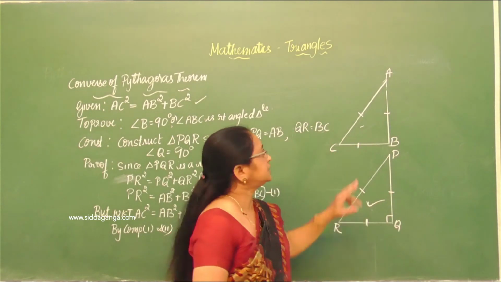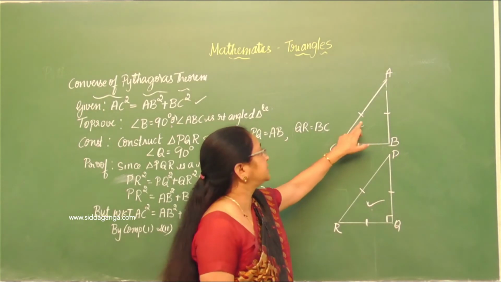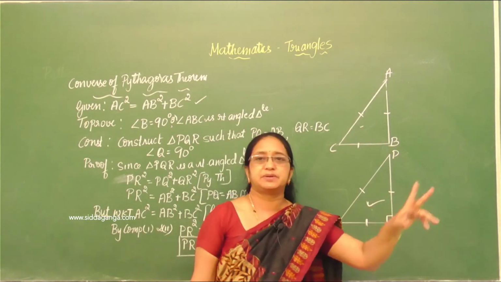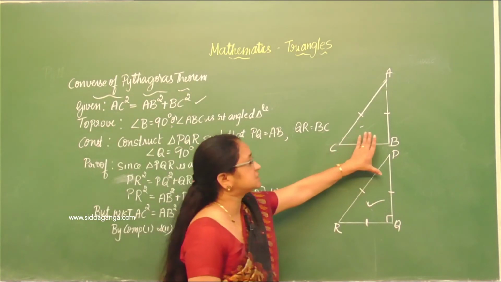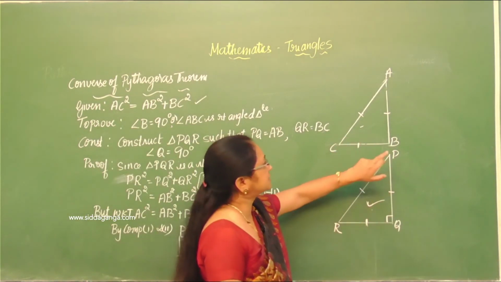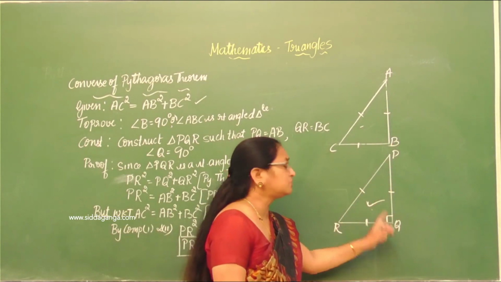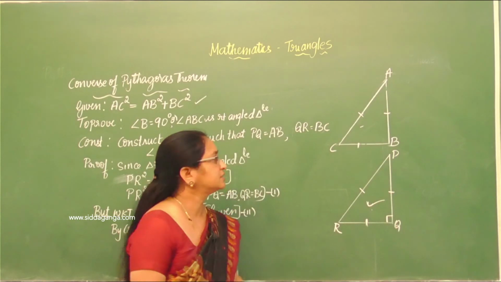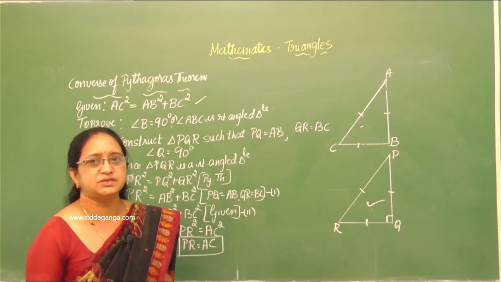Now can I say that by SSS similarity criteria, these two triangles are similar? Once you prove that two triangles are similar, definitely I can say that angle B is equal to angle Q, and angle Q I have already taken as 90 degrees, so B also will be 90 degrees. I hope you understood this.